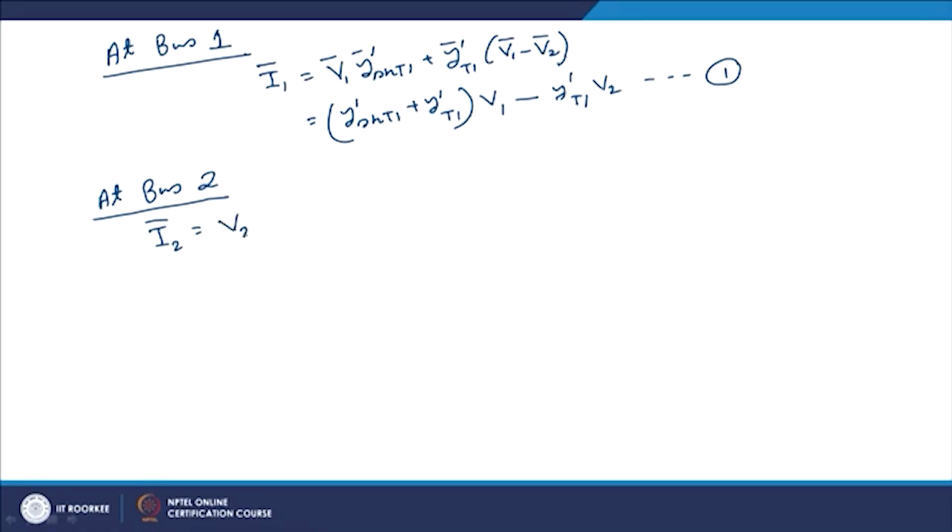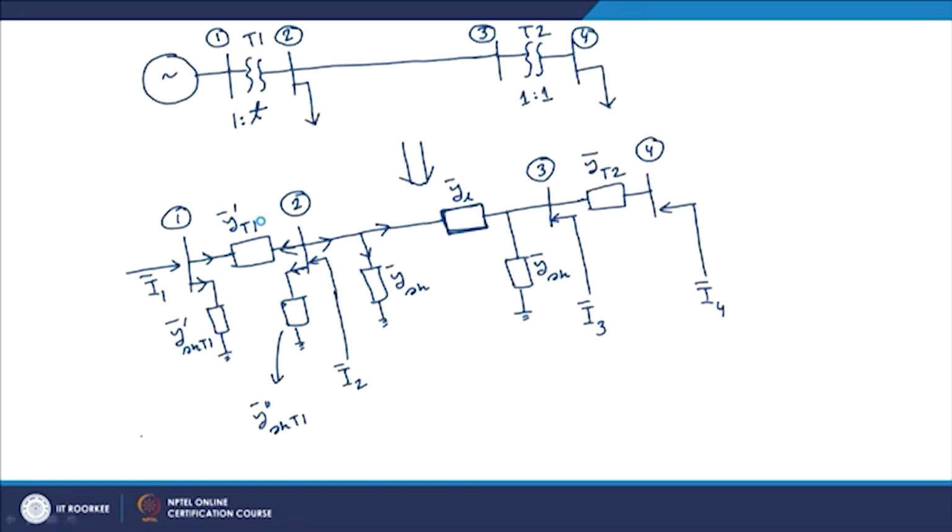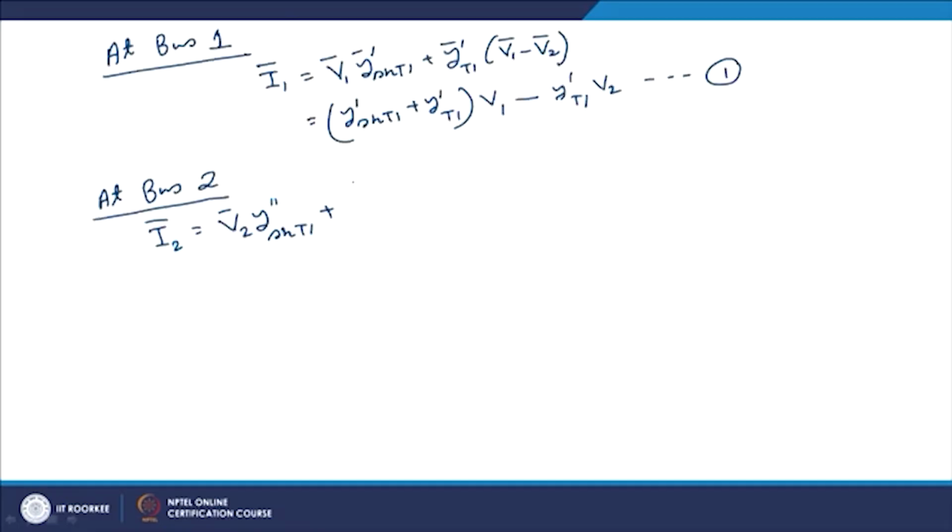would be V2 into y''SH T1, this is this current plus this current, y'T1 into (V2 minus V1). All these are complex quantities.